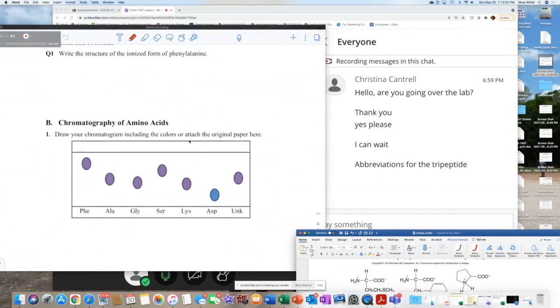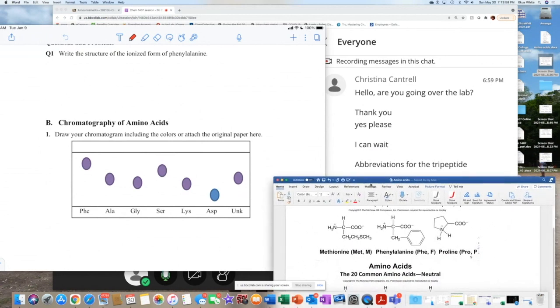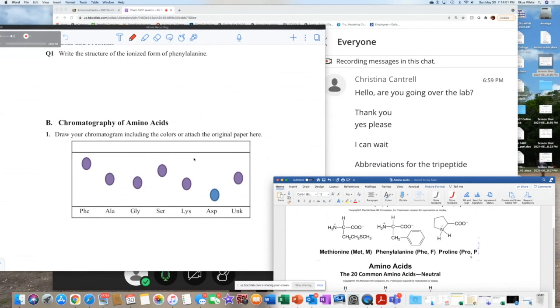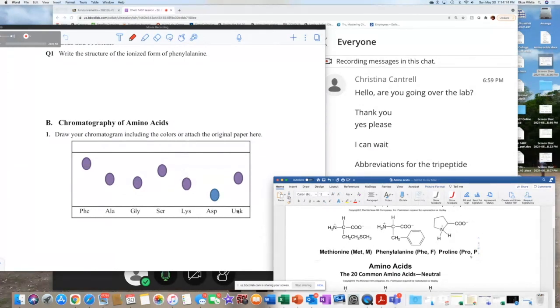Okay. Yeah, so once you identify the tripeptides, once you have the tripeptide, you just have to identify which of these peptides are in those tripeptides. So let me start with the chromatography of the amino acids first, and then I'll go ahead and look at the abbreviation.